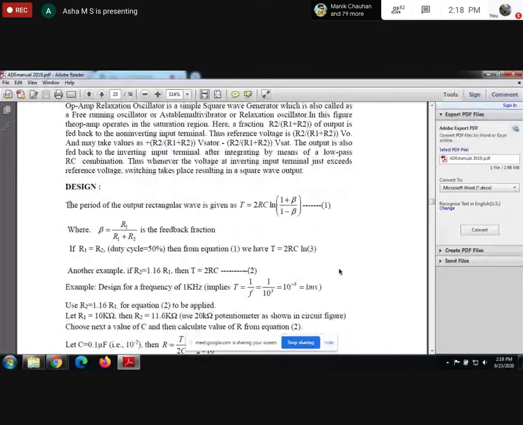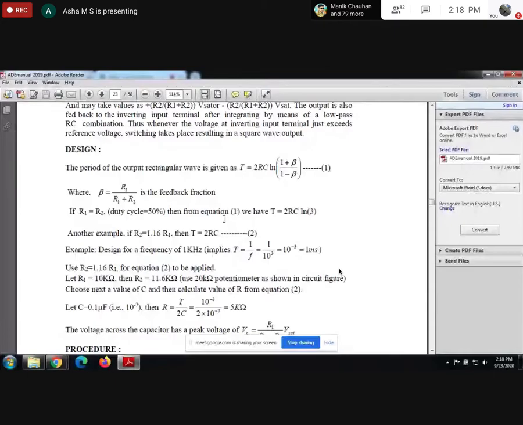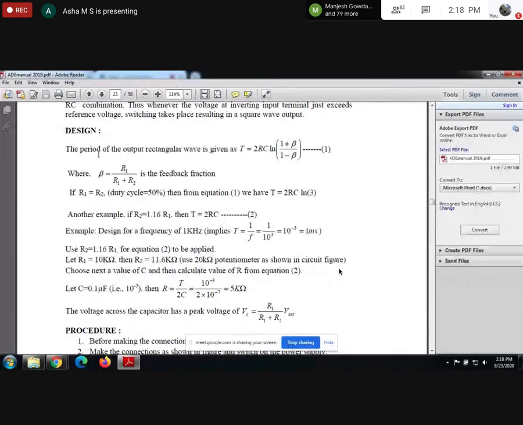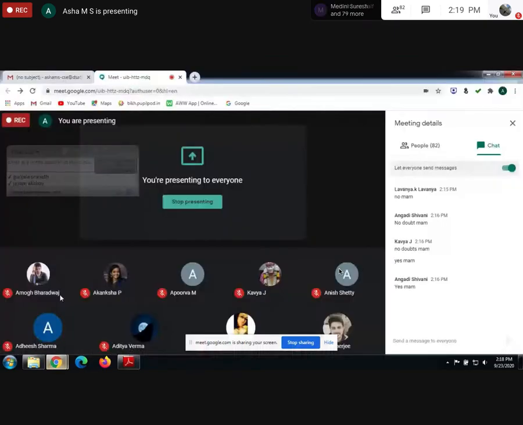So this is the designing part. So what is the designing part? The period of the output rectangular wave is given as T, so that is the time of the output rectangle. Copying is done.